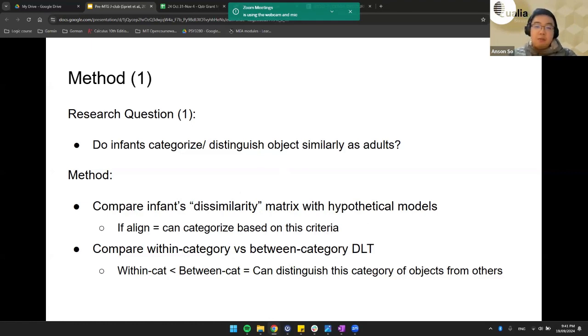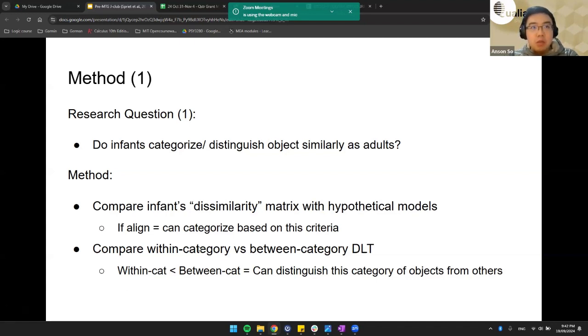On the other hand, they have also looked at between and within category difference in looking time. For a single category, say human face, if the infants look at 2 human faces for a similar amount of time, then the within category DLT would be small. However, if they look at objects from another category, say non-human faces, significantly longer or shorter than looking at human faces, then the between category DLT is going to be big.